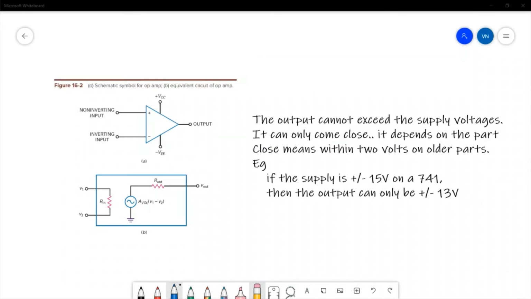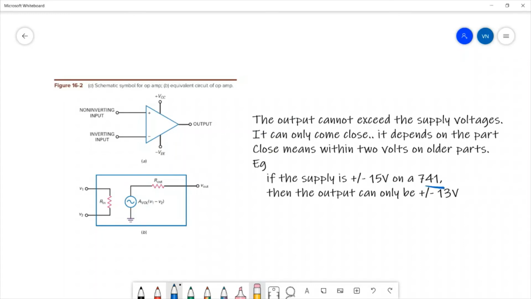Another quick design rule for op-amps is that the output cannot exceed the supply voltages. It can only come close, and how close depends on the part. For example, if you're using a 741 op-amp with a supply voltage of plus minus 15, you're only going to get an output voltage of about plus minus 13. When the upper and lower transistors turn on, they are not perfect shorts.